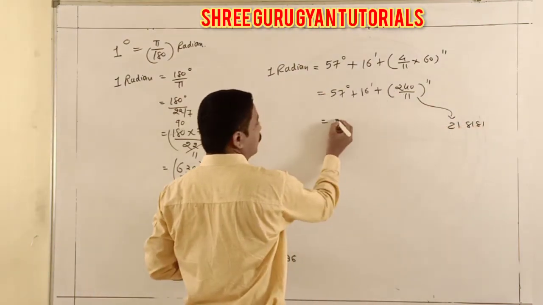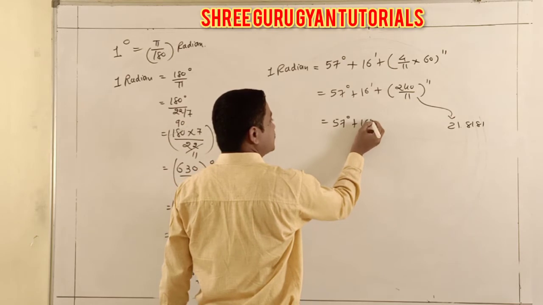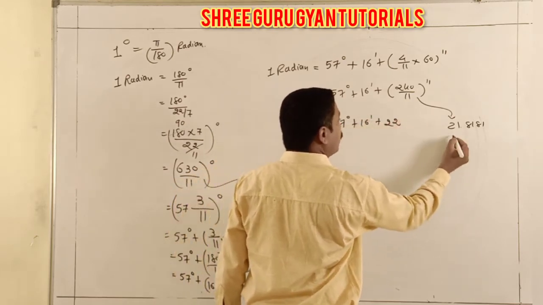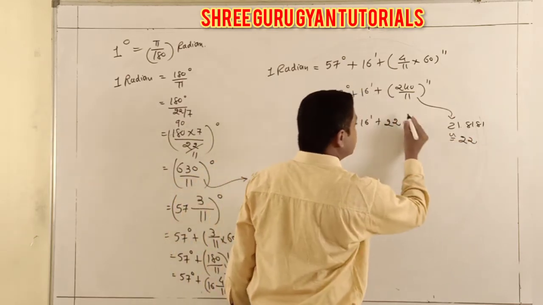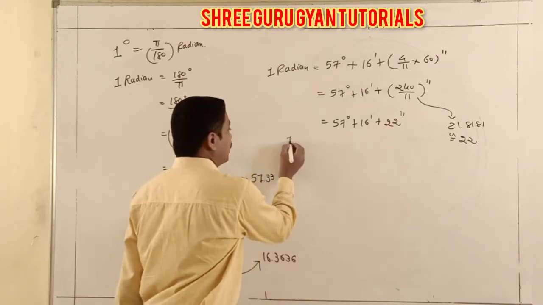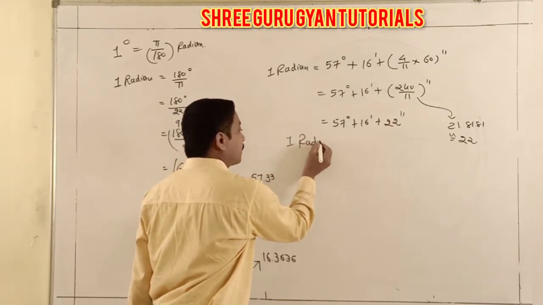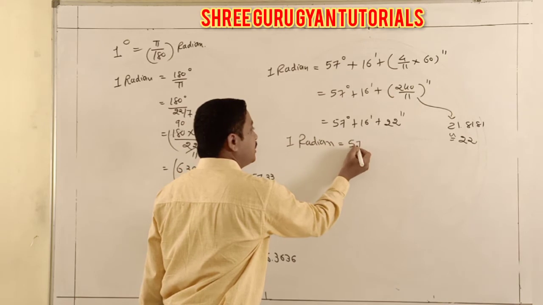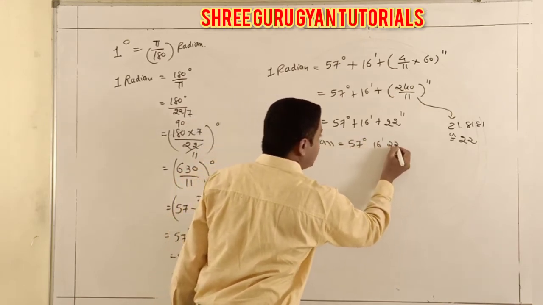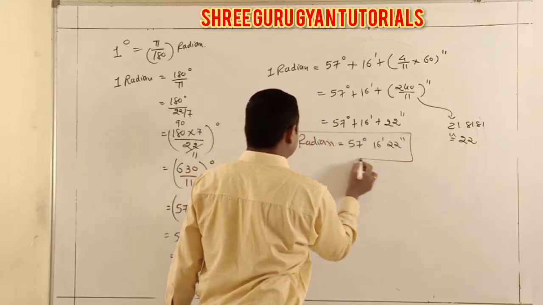So I write 57 degree, 16 minute, and rounded 22 second. So 1 radian is 57 degree, 16 minute, 22 second.